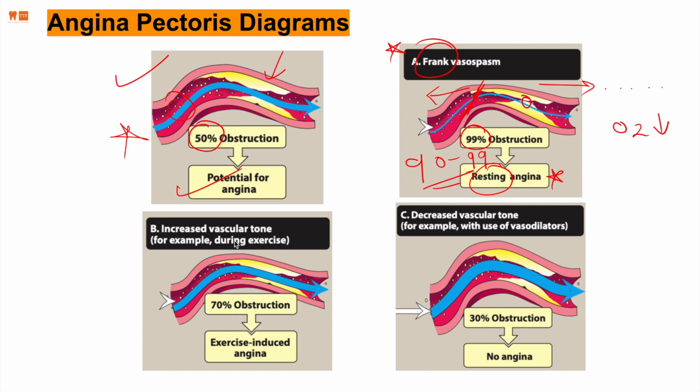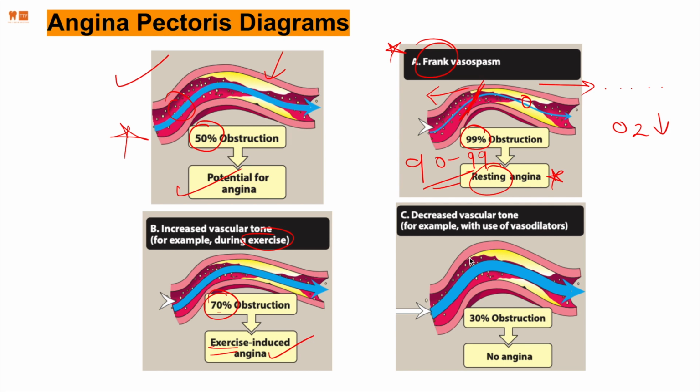When there is increased vascular tone, for example during exercise, you'll notice that even with 70% obstruction, the exercise will induce angina. So 50% potential for angina, 70% exercise-induced angina, as well as 99% obstruction, resting angina.